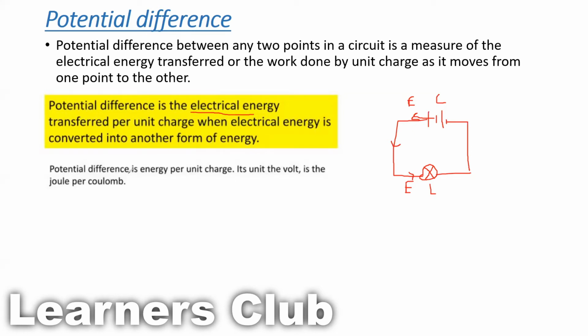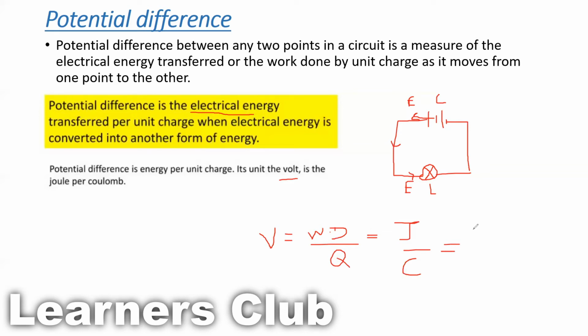Potential difference and electromotive force both have the same SI unit, which is volt, written as V. And as you can see, EMF or PD are nothing but the same thing: work done per unit charge. Work done or energy transfer, that is joule per coulomb.